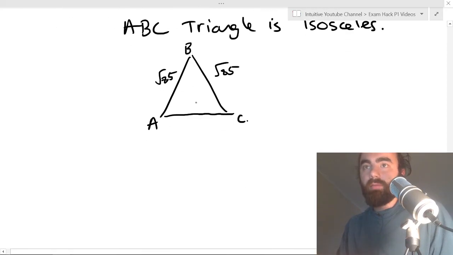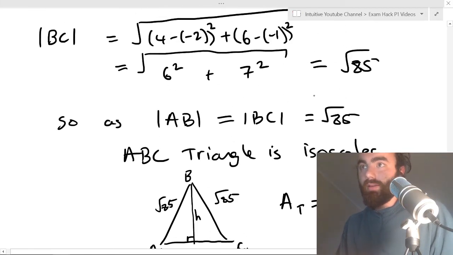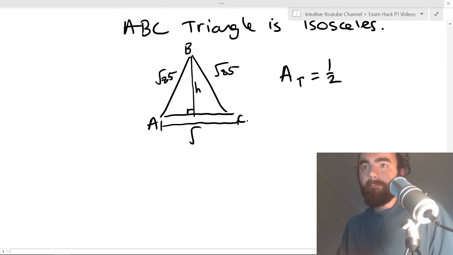And the bottom length here is the square root of 68, and we'll call the height H, because we know that the area of our triangle is going to equal half the base, which is the square root of 68, times the height.